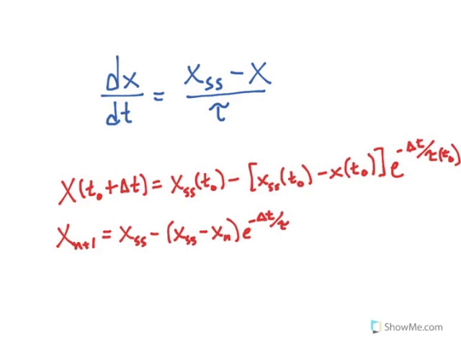I've already derived in a previous video that this is equal to the steady state of x, calculated at the current time t0. Remember that xss is changing over time, so we have to just look at a single snapshot in time. So it's equal to the steady state minus this exponential decay term here. And this is just a different way that I wrote this. Here x of n plus 1 is x at the next time step, and x of n is our current x.